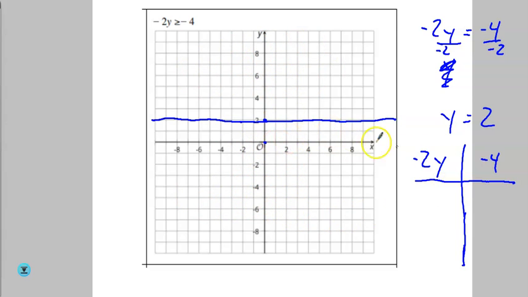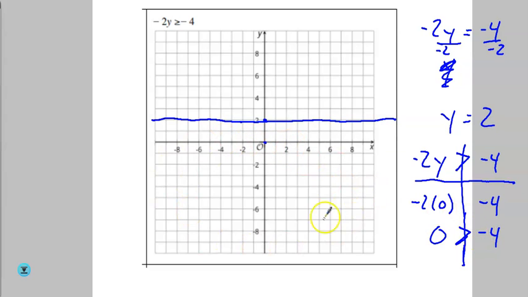So if I use 0, 0, that means the y is 0, so -2 times 0. Nothing to do with the -4, nothing to plug in. 0, -4. The question is that greater than, right? Is 0 greater than -4? And it is. 0 is greater than any negative.